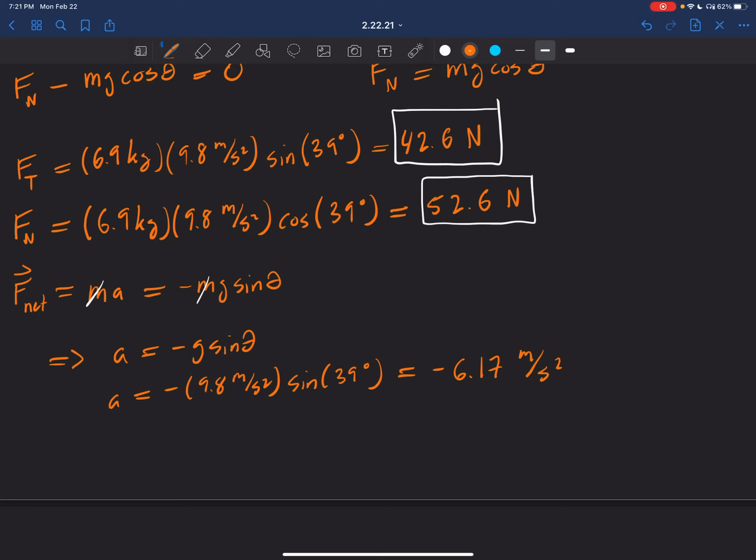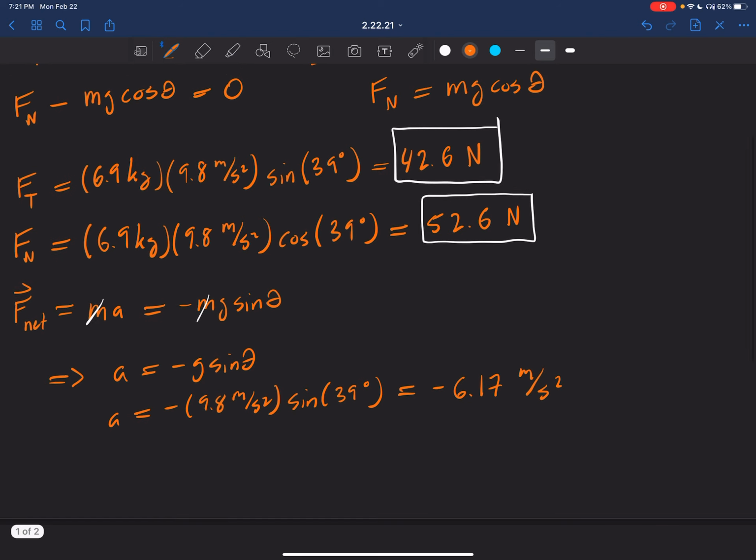And remember that minus sign is just telling you that it's accelerating down the slope, not up the slope. But the question did ask not for the acceleration itself, but for the magnitude of the acceleration. So just take the absolute value of that, and that's just 6.17 meters per second squared.